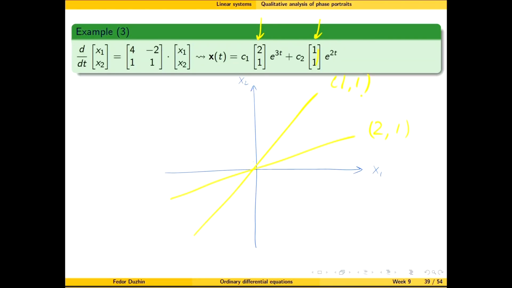Now, which one is bigger? The eigenvalue on the vector (2, 1) is 3, and on (1, 1) is 2. So 3 is bigger. The bigger one determines behavior far from the origin. The smaller one determines the behavior near the origin. So we are ready to sketch the phase portrait. First of all, both are positive, which means that all directions are away from the origin.